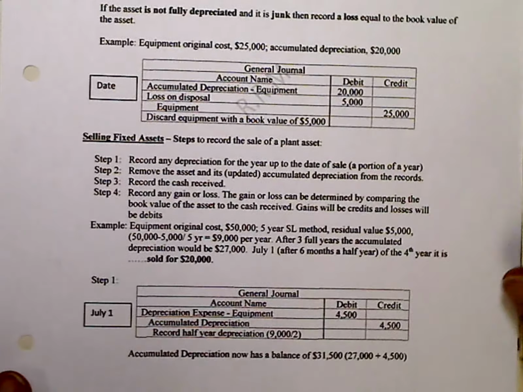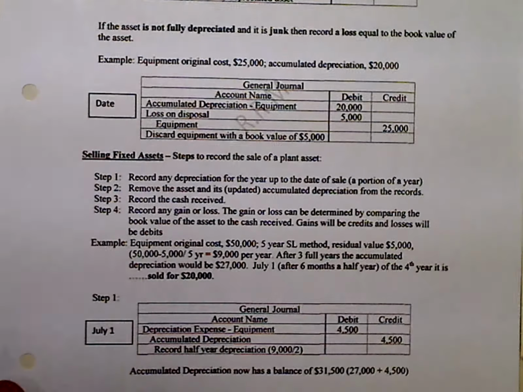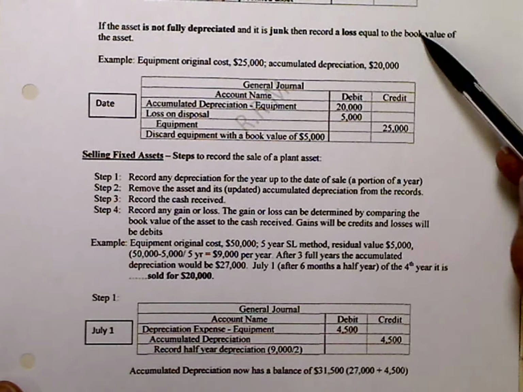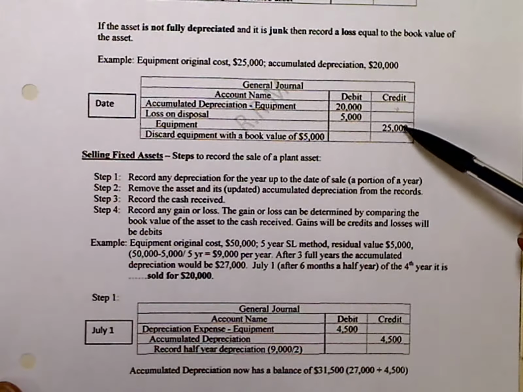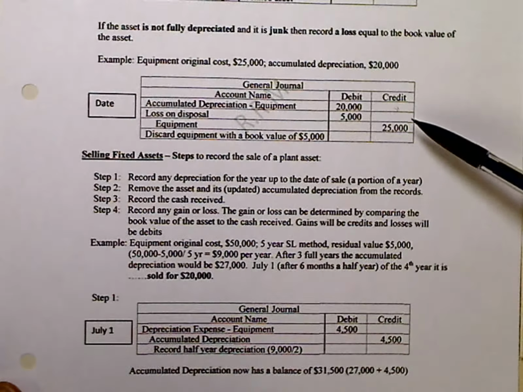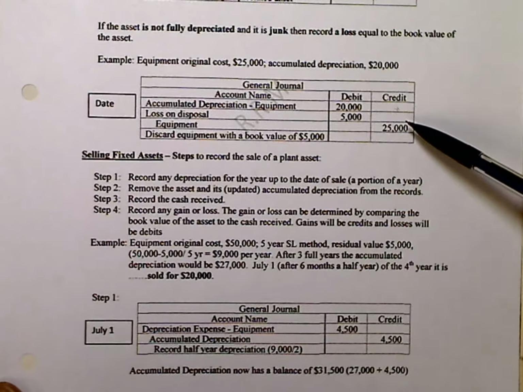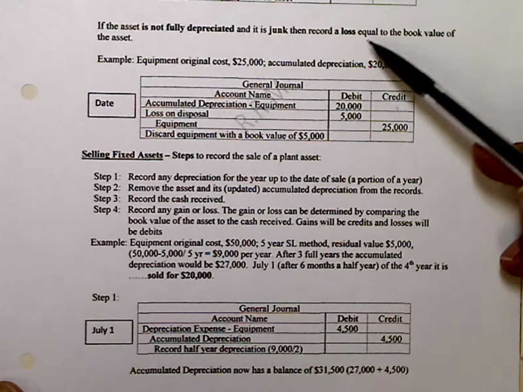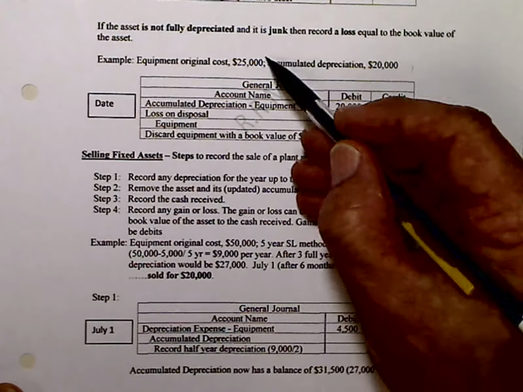If it's not fully depreciated, then what you've got to do, well, wait a minute, getting ahead of myself here. Okay. Well, look at this. If it's not fully depreciated and it's junk, you send it to the junkyard and remove it from your books. In this case, it didn't last as long as we thought. The original cost is this.